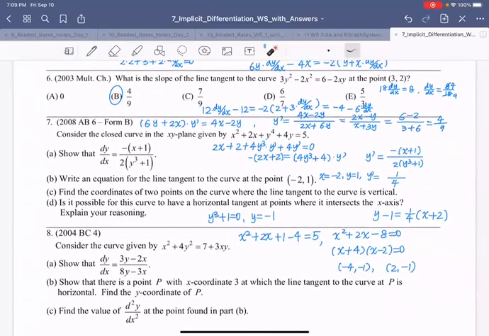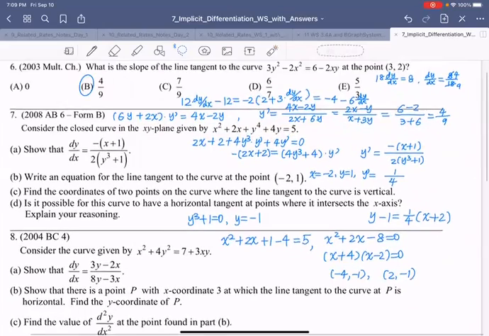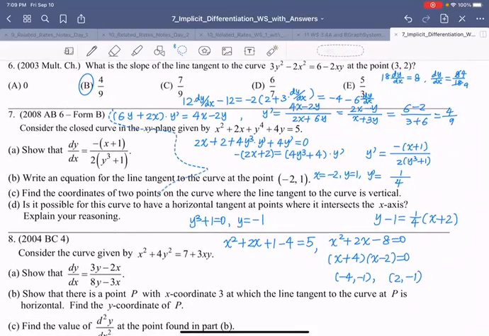Next one. This one, I wrote down over here, it's too squished, okay? I'm going to move this stuff into the next page.